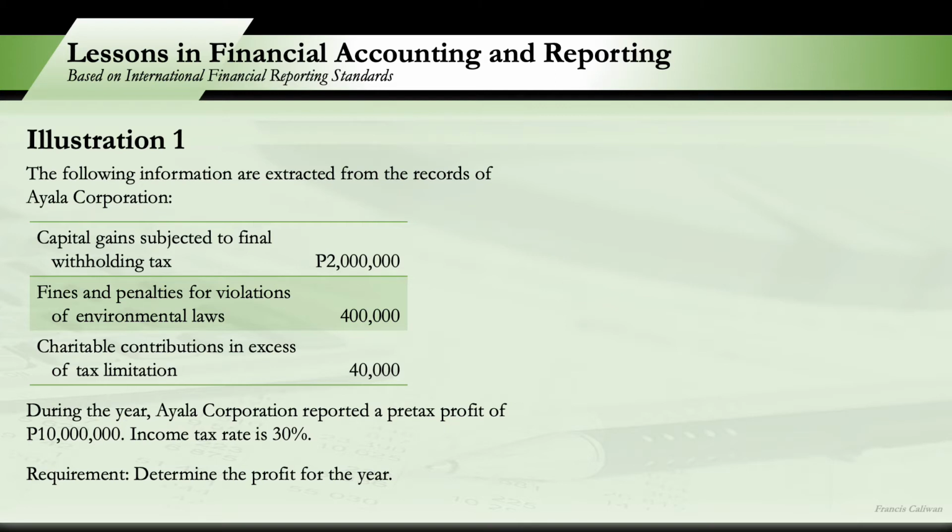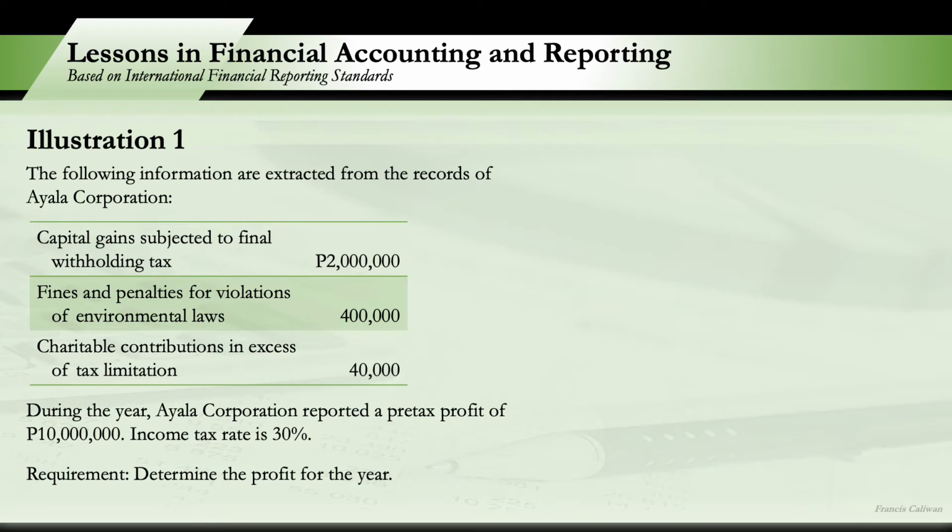Okay, so to solve this problem, first is we identify whether the items of incomes and expenses enumerated are either permanent or temporary. So first, capital gain subjected to final withholding tax.